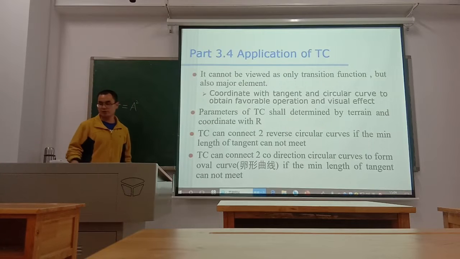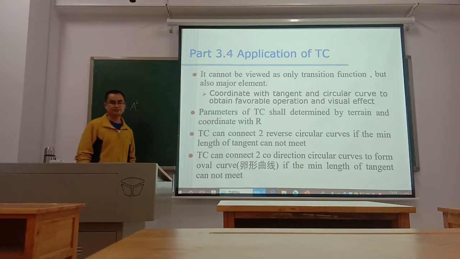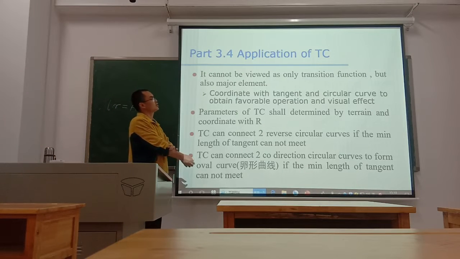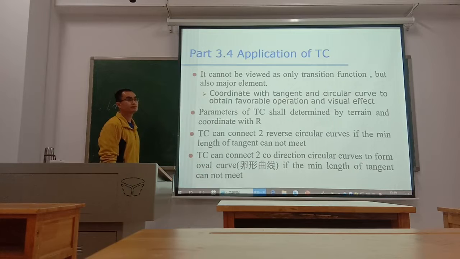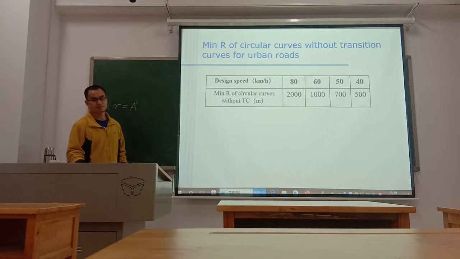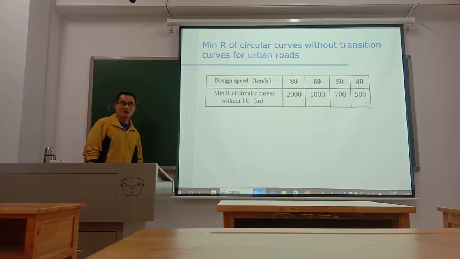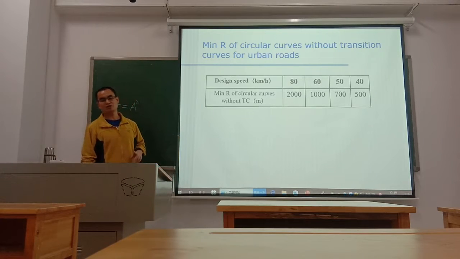Part 3.4, application of transition curve. The previous page, before this one, is the minimum R of circular curve without transition curve for every road.